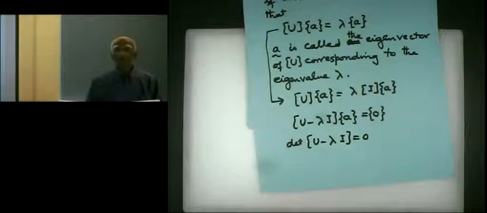What will be the order of the equation when we simplify this? U is a 3 by 3 matrix. So on the left hand side we will get a polynomial in lambda of degree 3.